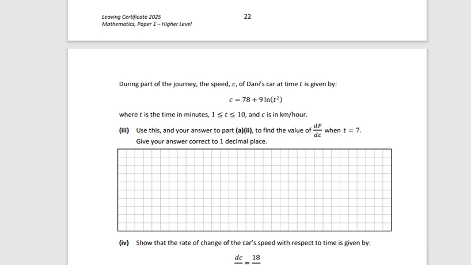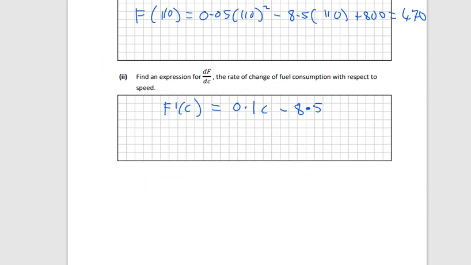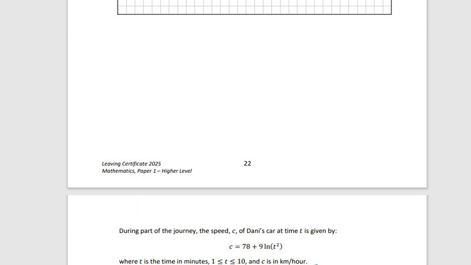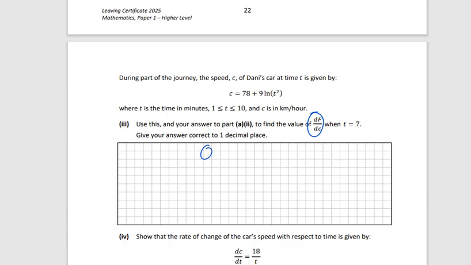Now, they want us to find the value of df/dc. We've already found that up there, but now they want us to put some things into it. So 0.1c minus 8.5. They want us to put in what c is. So c is 78 plus 9 ln t squared.